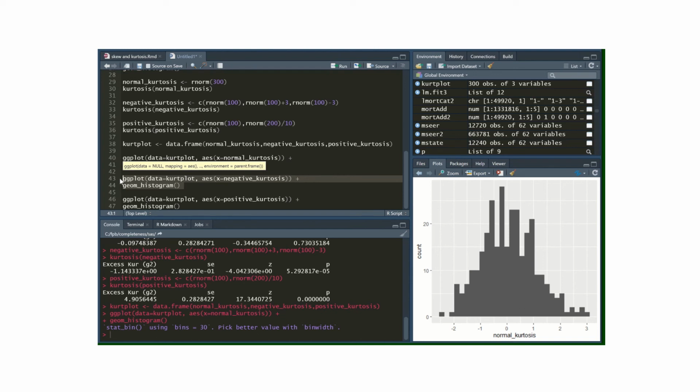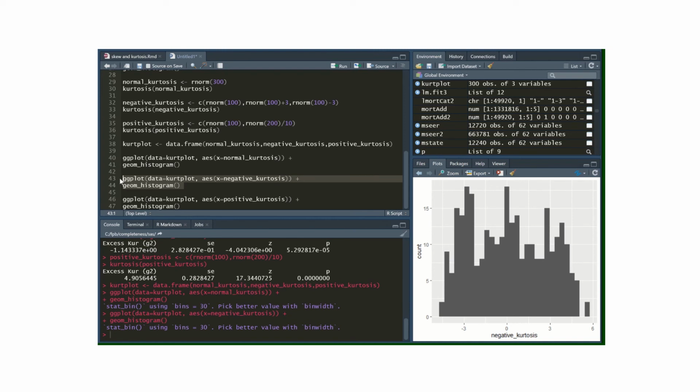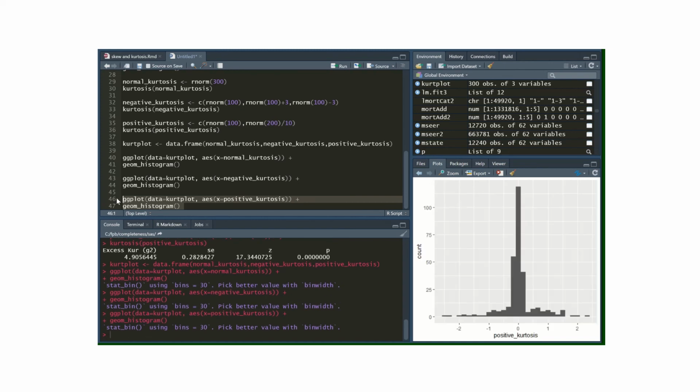So if we graph that, now we see something that is flatter, more spread out, if you will, more data in the tails than we had before. And that gave us our negative kurtosis. And finally, when I pushed more data into the center, it gets more pointy or more spiked, and we have positive kurtosis.